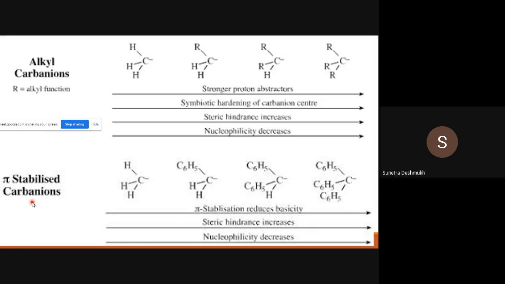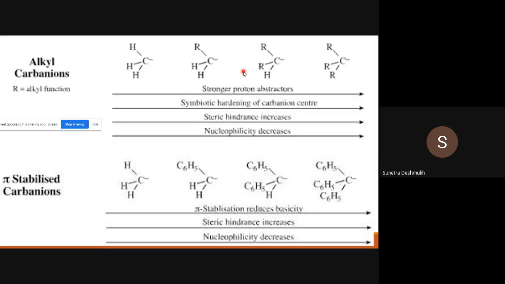Now next one, pi stabilized carbanion. In one moiety we added simple alkyl groups like methyl, ethyl, isopropyl groups. Now we will add aromatic rings like phenyl rings.